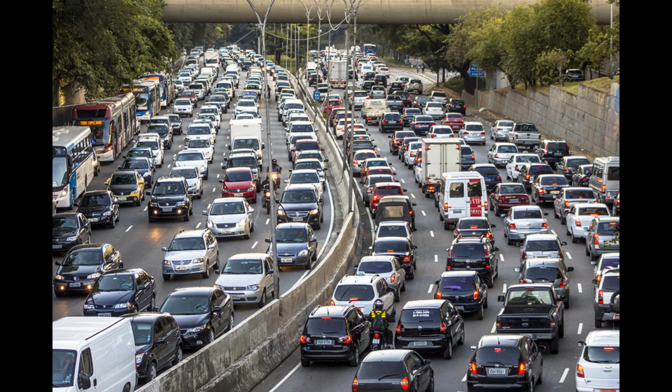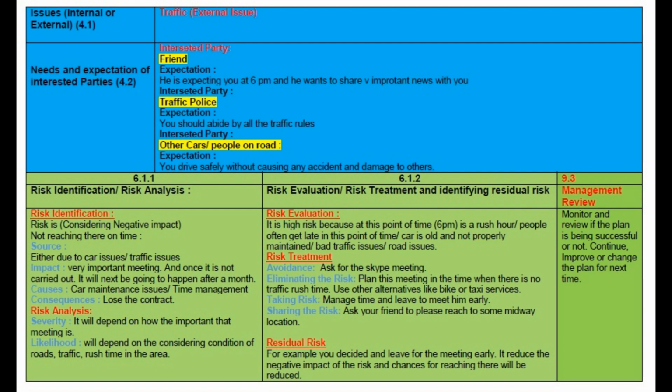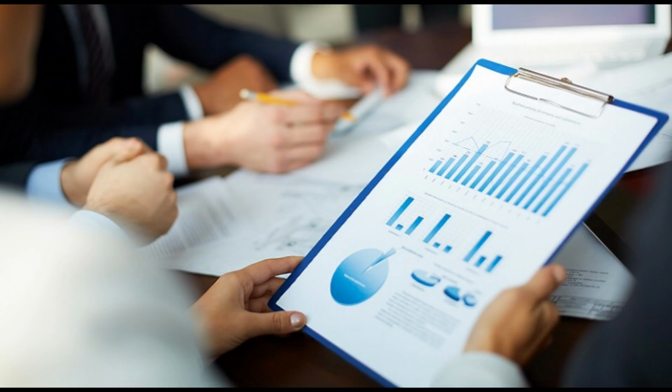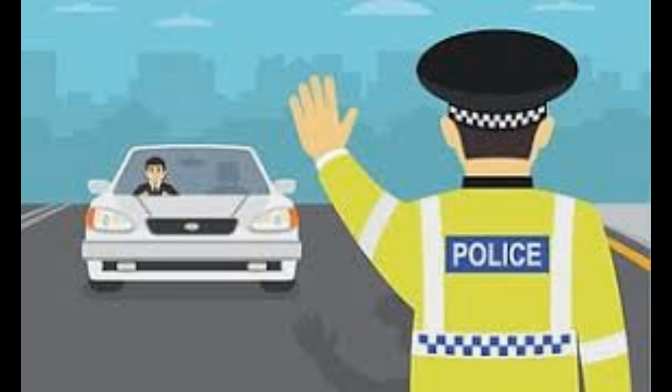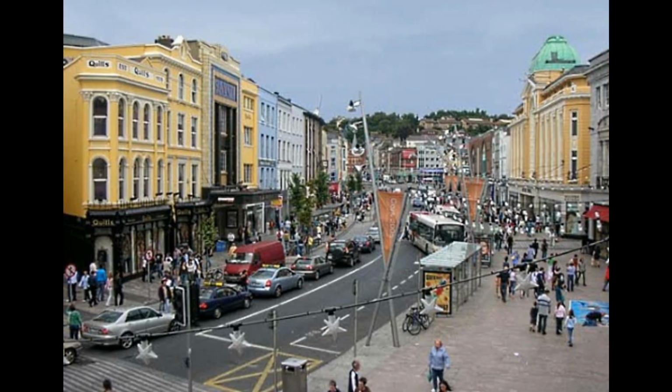Then we have identified the interested parties that have any impact on achieving this objective and their needs and expectations. We took three examples. Client, who is waiting for you there and expecting you to reach there at 6 p.m. Traffic police, expecting you not to violate any traffic rules, and other cars and people on the road expecting you to drive safe and not damage them.